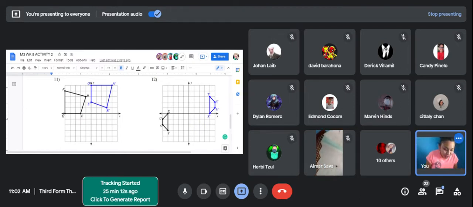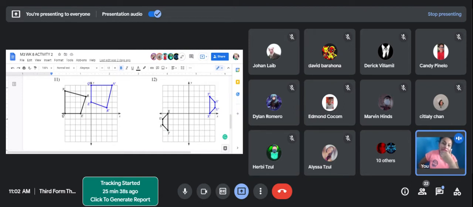The fast way to do it is you look at the diagram and you see how many jumps it made. How many jumps did the black image make so that it goes into the blue position? If I take a look at number 11, see the position where the black image is, and the position where the blue image is.